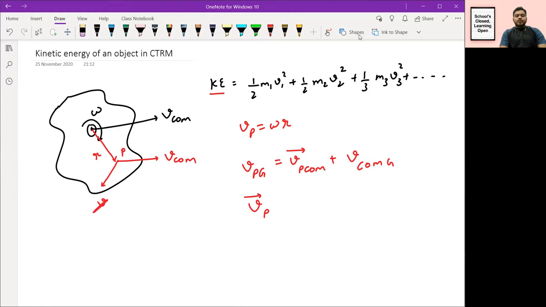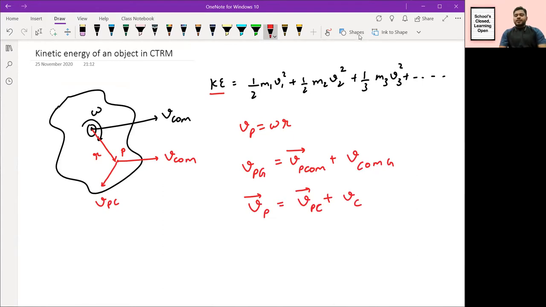So net velocity of the particle is Vpc plus Vc, where C is the center of mass.